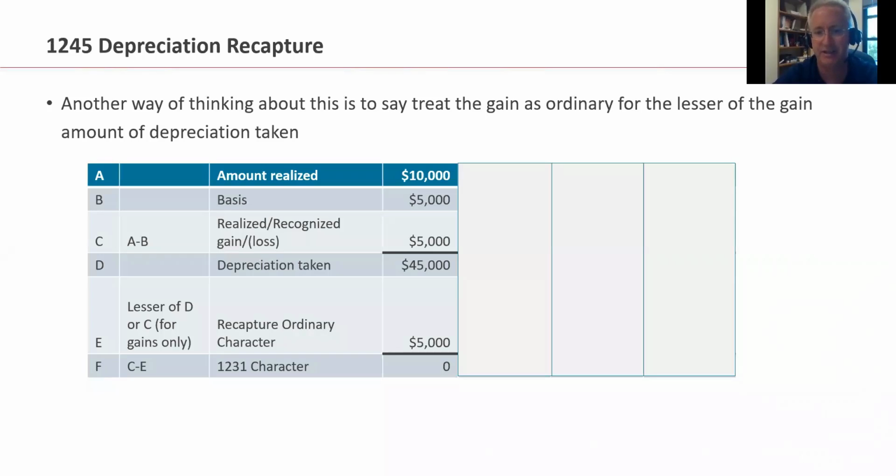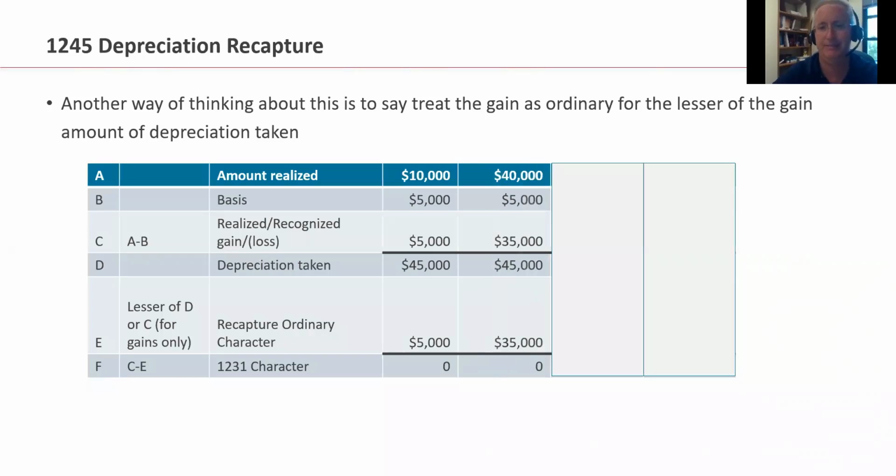The depreciation she has taken on that property is $45,000. She needs to recapture as ordinary the lesser of the depreciation taken or the recognized gain. In this case, it's the recognized gain of $5,000. As a result, none of her gain is 1231. It's all recharacterized as ordinary.